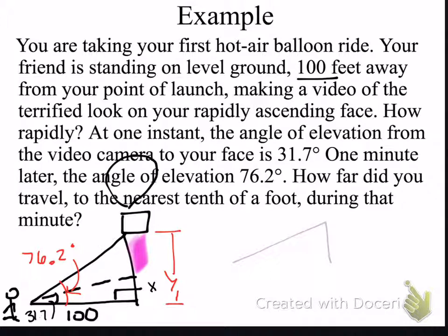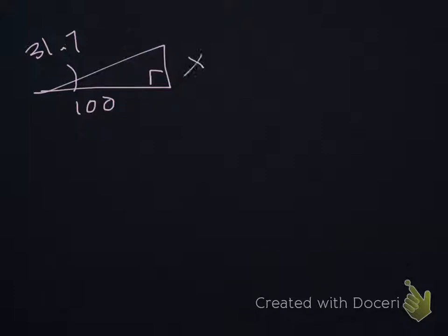So I'm going to be dealing with this little triangle first. So I'm going to draw that on the next page. So this little triangle, again, is 100, and the angle is 31.7. So to find this piece, I would use tangent. So I'm going to be doing tangent of 31.7 degrees equals x over 100.